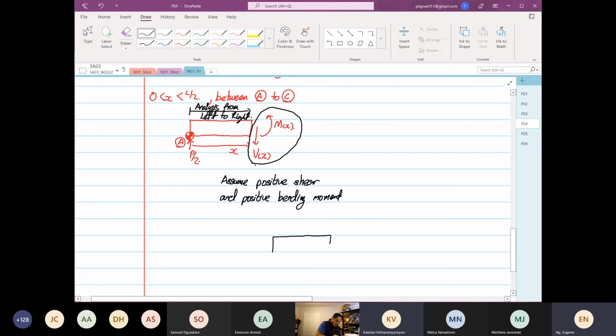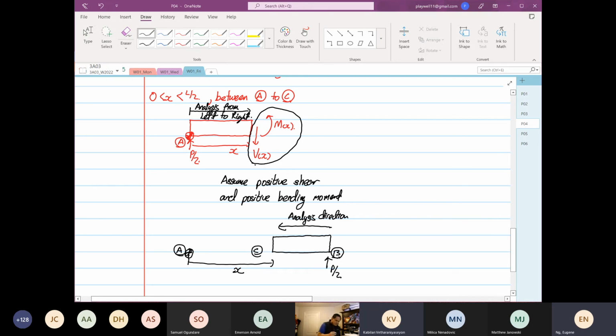If we are going to do from right to left, this is our point A, this is our point C, and this is our point B. The geometric datum still stays, and this will be your X. So for the analysis direction from right to left, we still have P over 2 here.